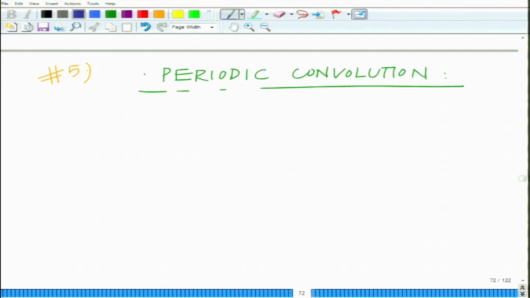Now consider two signals x1(t) and x2(t) which are periodic.